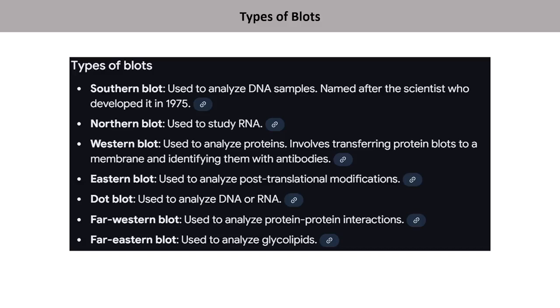The opposite for the Southern blot was named as Northern blot to study the RNA. Western blot was used to study the proteins, and the Eastern blot was used to study the post-translational modifications. Then there were various other techniques like dot blots, far Western blots, far Eastern blots, and they tried to study different kinds of interactions between either DNA or RNA or various protein-protein interactions or interactions between glycolipids and things like this.